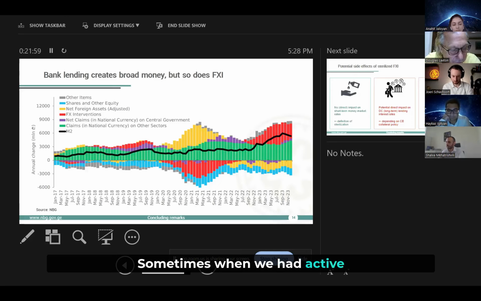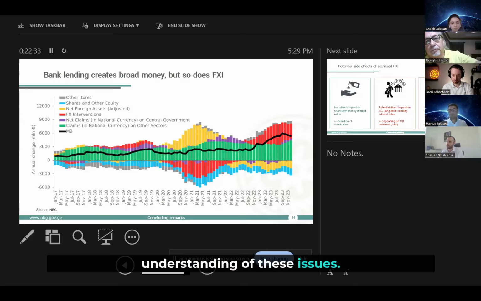Sometimes, when we had active FX intervention episodes, like in 2020 during COVID, when we sold quite a bit, or in 2023, when we bought quite a bit of FX, this contribution from FX intervention has been almost as high as the contribution from lari loans, lari credit. This means that while bank lending remains the key driver of broad money, sometimes FX interventions can be of similar magnitude, so in our case, it's important to understand these issues.